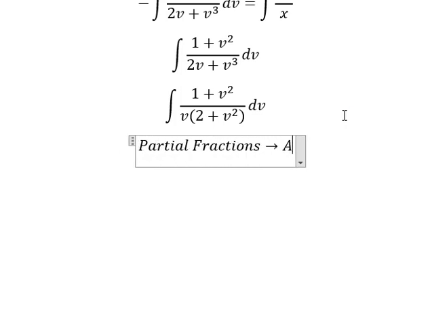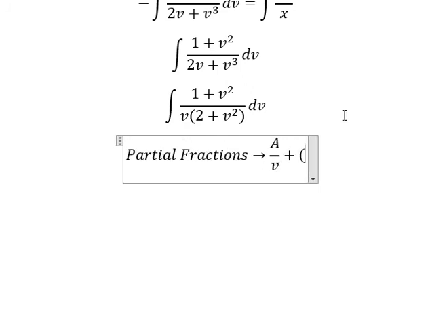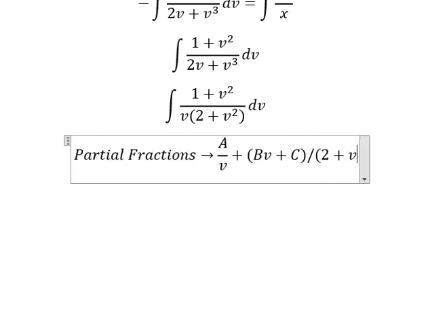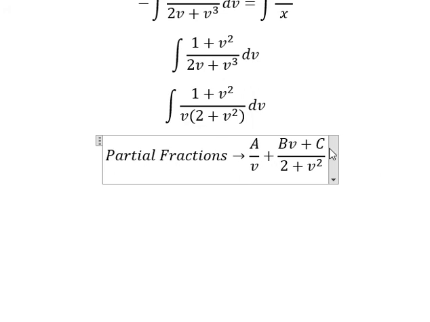So I will put A over v plus (Bv plus C) over 2 plus v squared, because v squared is the power 2, so on the numerator there should be the power of number 1. We just reduce 1 unit of the power on the numerator.